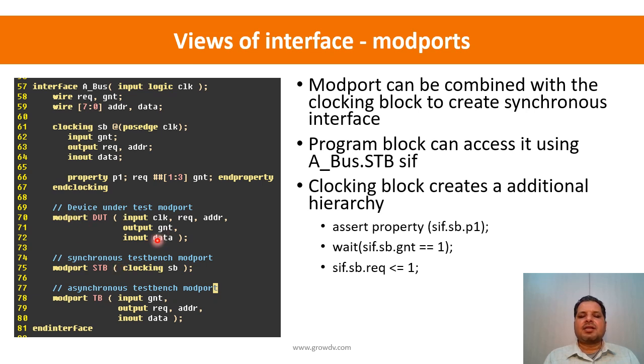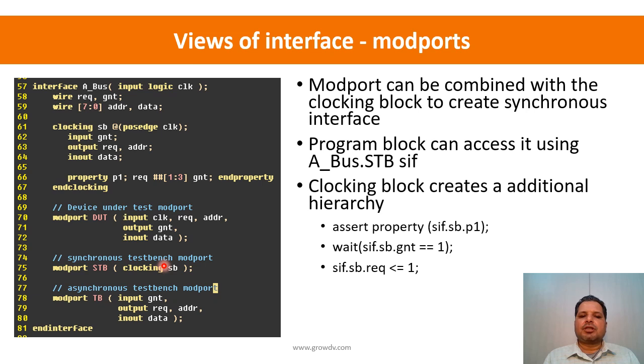And here you can see that an interface can contain multiple Modports, and we are using the clocking block as well. In this one, this is the asynchronous one because we are not using any clocking block. So when you are driving or sampling these signals, doing it on an appropriate clock edge is the responsibility of the user.